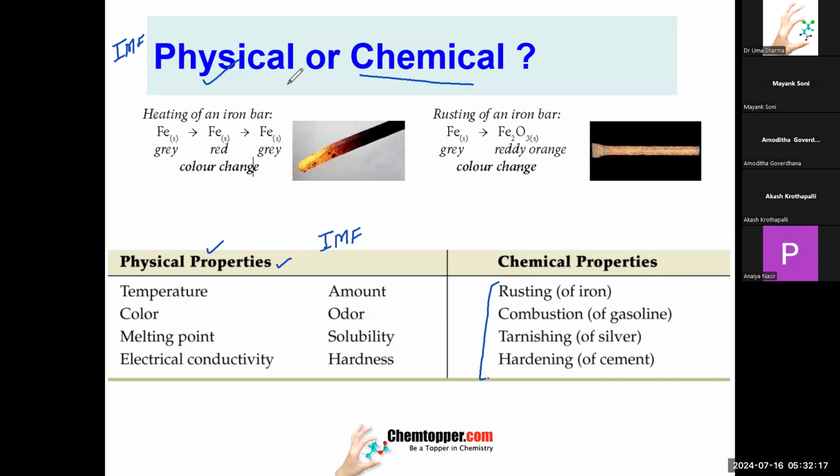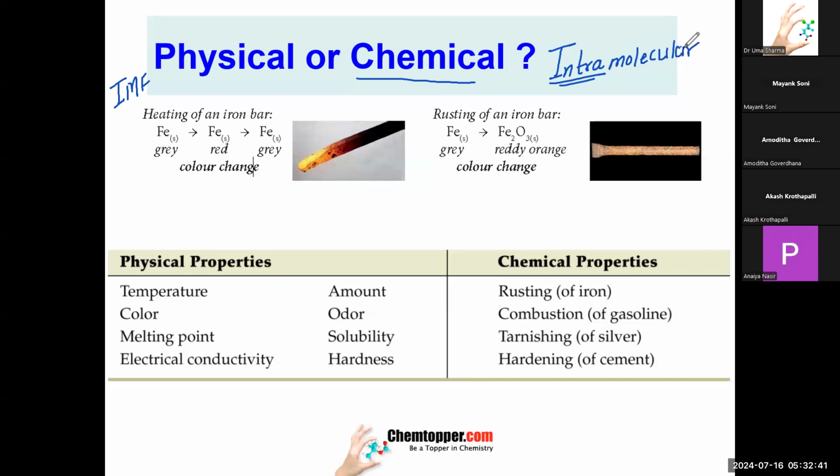During physical changes, we are breaking IMF. You have done IMF in unit 3. During chemical changes, we are breaking, you remember one word, intra. Intra and inter. We are breaking intramolecular forces. And what is intramolecular force?